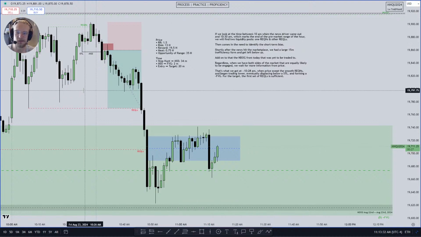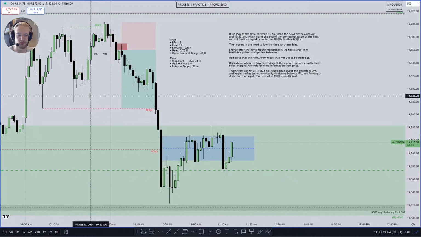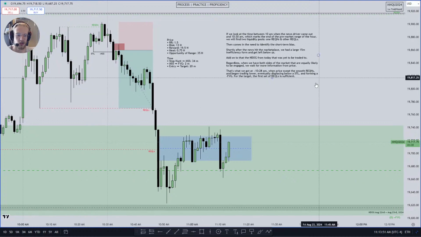So as I said, when we have two sides of the marketplace that are equally likely to be targeted, we just need to anticipate more information from the marketplace. That's basically here.